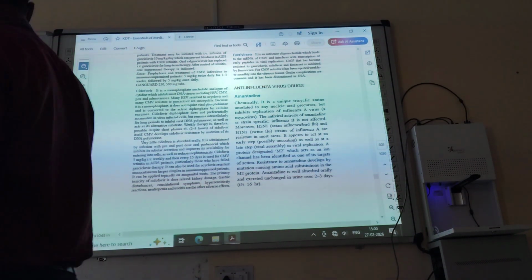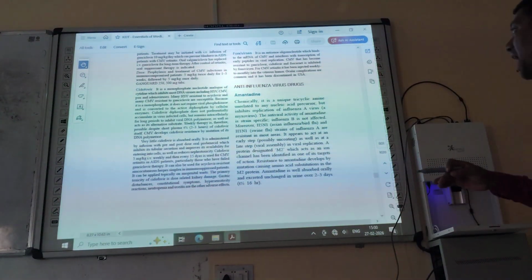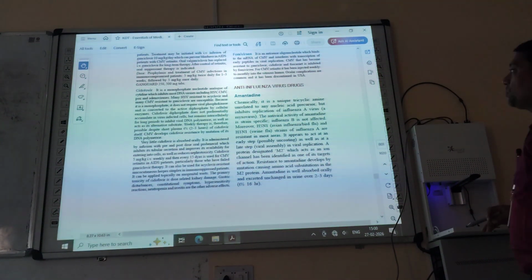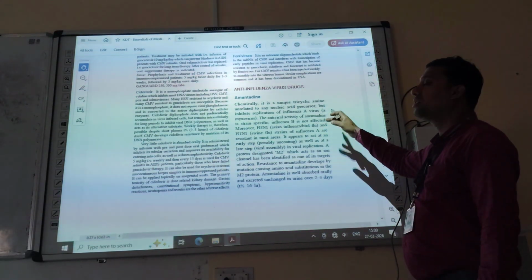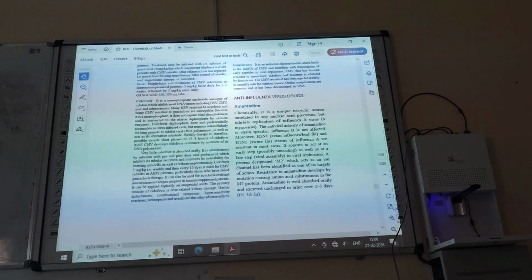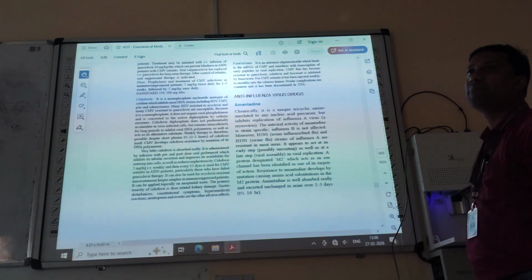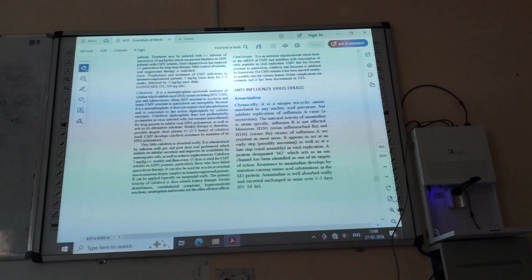Amantadine is a chemically unique tricyclic amine unrelated to any nucleic acid precursor, but it inhibits replication of influenza A virus. What do you mean by replication?